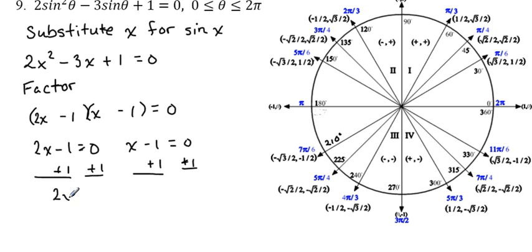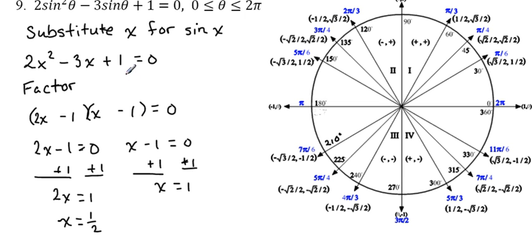Here we get 2x equals 1. Here we get x equals 1. If 2x equals 1, x therefore has to be equal to 1/2, and we have x equals 1 over here.